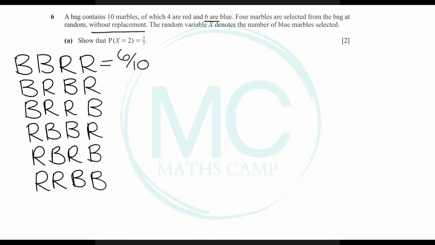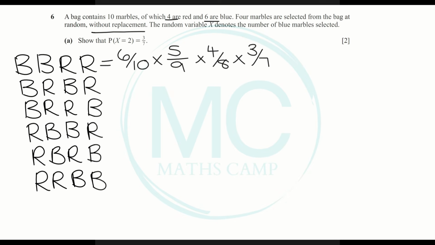We do not replace the blue marble, which means the probability that our second marble is blue, we now have 5 out of a total of 9. We have 4 red marbles. We've removed 2, which means now we have 4 out of a total of 8. And for our last marble, also red, probability is 3 out of 7.